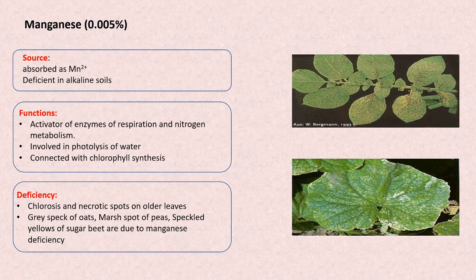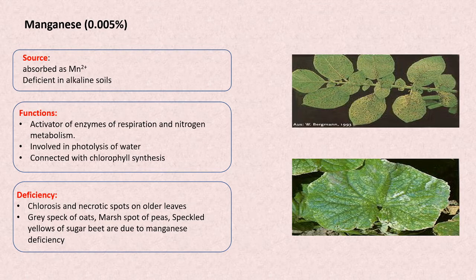Only in the presence of manganese and chlorine does the photolysis of water take place, so it is very important for photolysis to happen. It is also connected with the synthesis of chlorophyll. So these are the different functions of manganese.